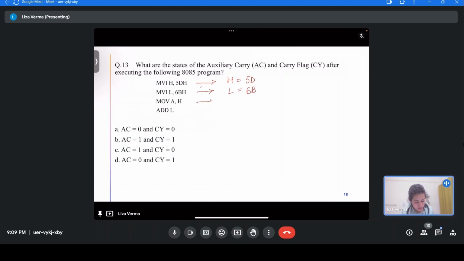Then this is MOV A, H: A will get the contents of H, which is 5D. And then ADD L, which means A will get the contents of A plus L, which is 5D plus 6B.